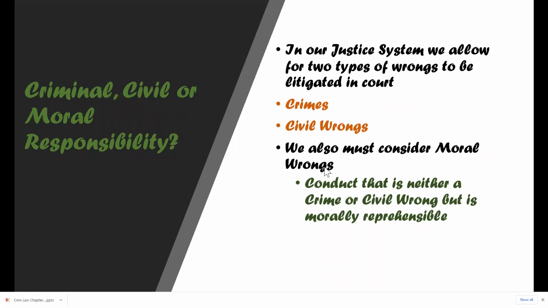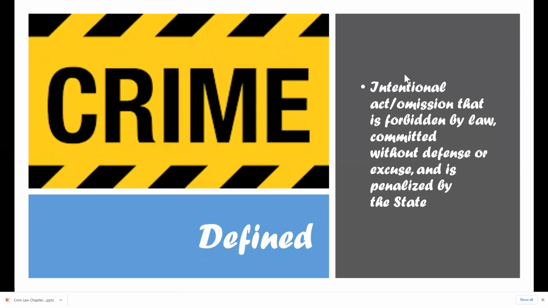And they are certainly not crimes. This is a criminal law class, so we will focus on crime. We will briefly go over civil and torts, but we won't spend a lot of time on it.